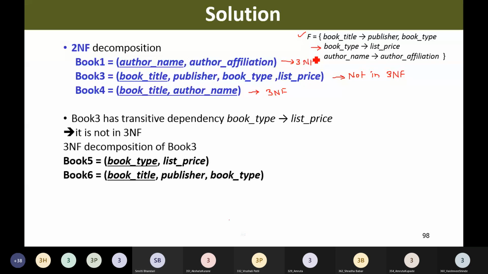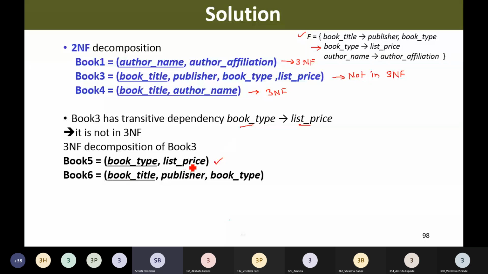With the help of this transitive dependency, we are going to decompose the relation book 3. In the first relation, we will have the attributes in our transitive dependency: book type and list price.